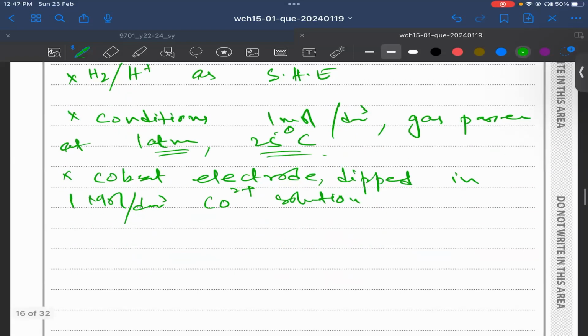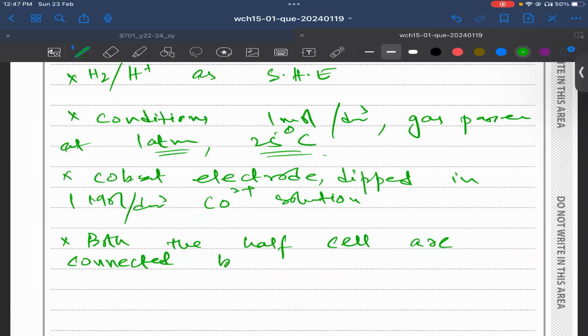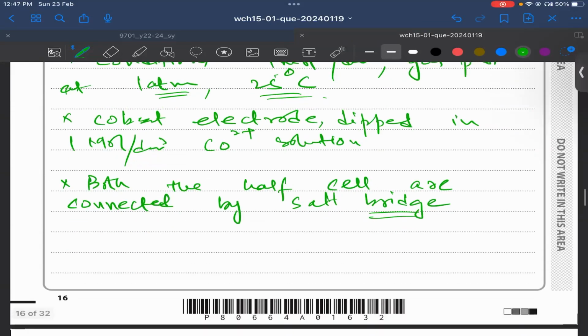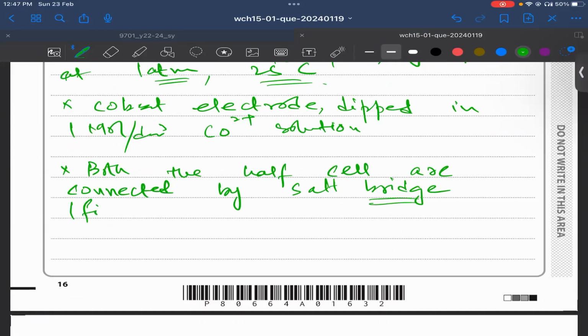Both the half cells are connected by a salt bridge. If you want to give the details of the salt bridge, you can provide that it's, let's say, filter paper soaked in an aqueous solution of sodium nitrate or potassium nitrate.